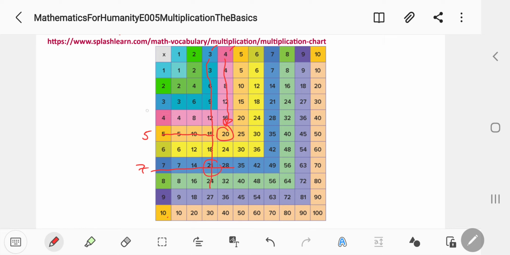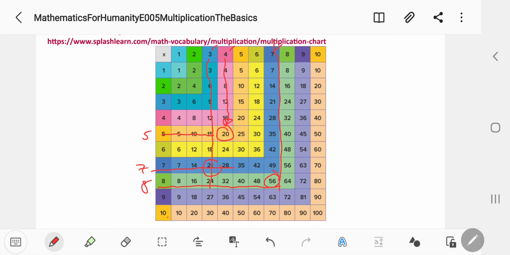And when you have 8 here times 7, the intersection of 7 and 8 would be 56 here. So that's how it's used.